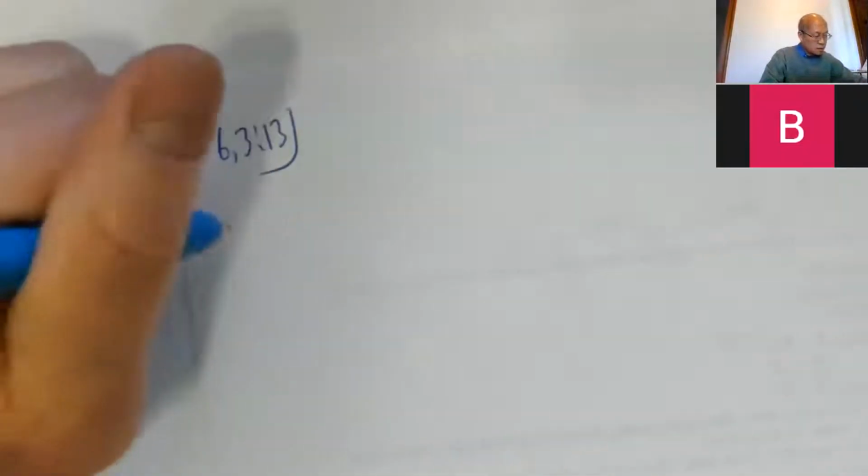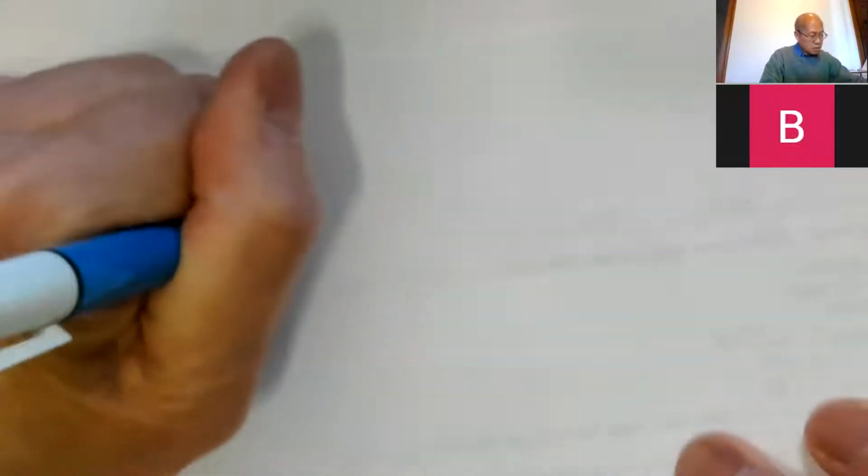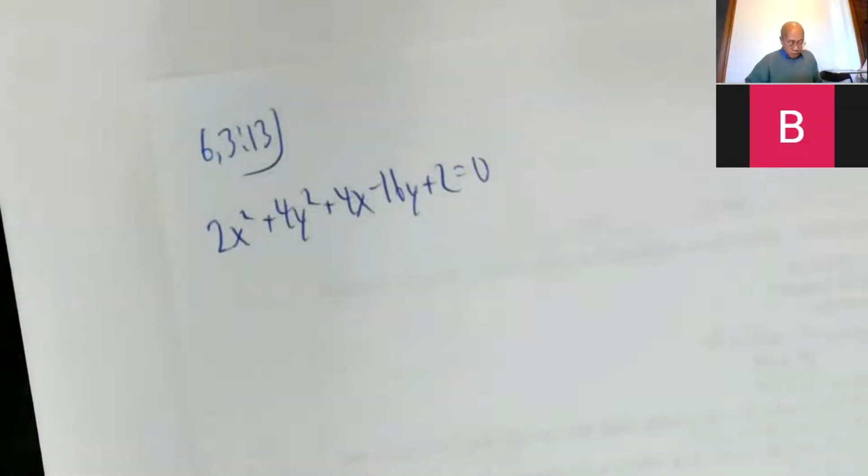6.3 number 13. 2x squared plus 4y squared plus 4x minus 16y plus 2 equals 0. Double check that I wrote it correctly.